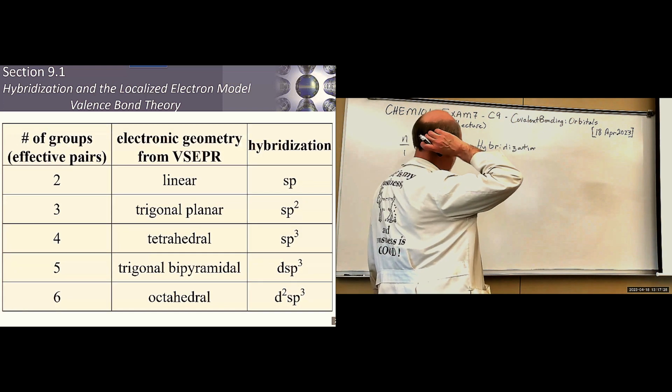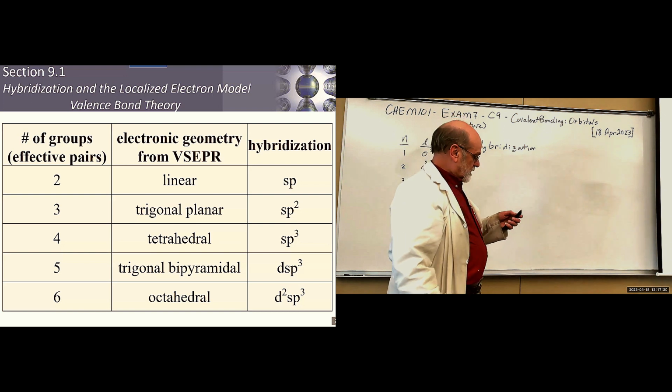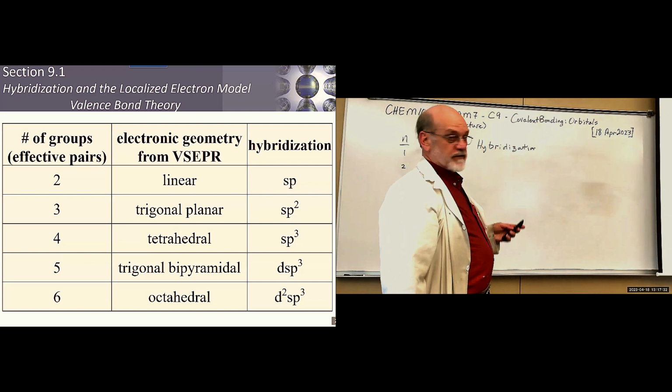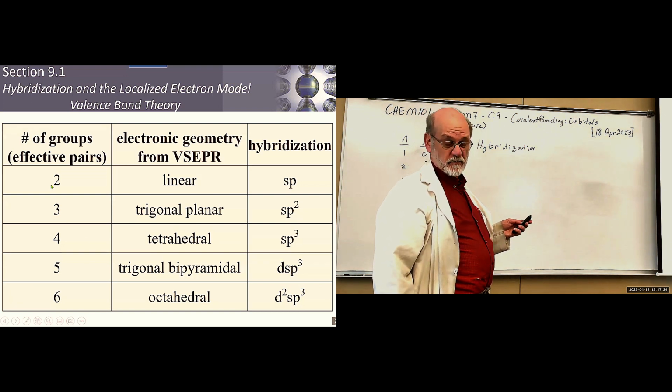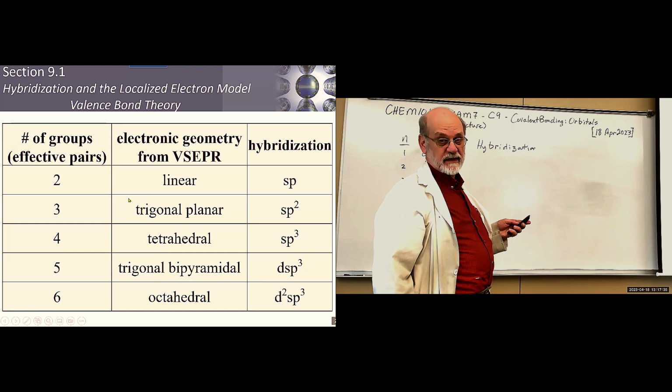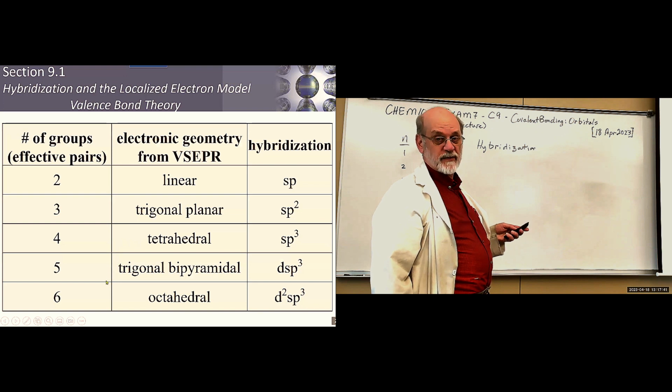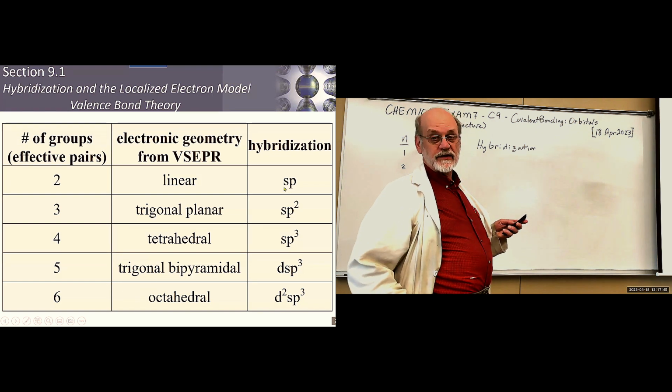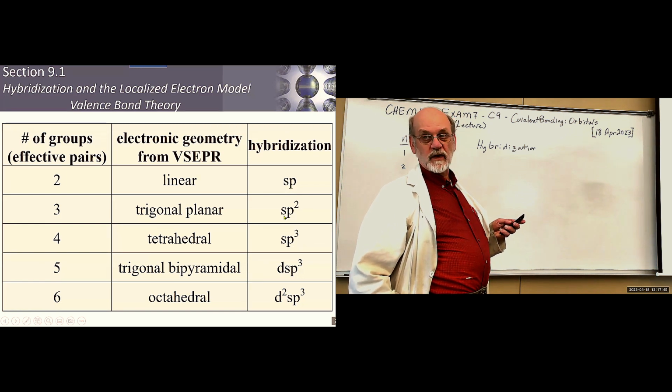Okay, there's my table. So this is an extension of our VSEPR discussion. When you have 2 effective pairs, you get linear, 3 is trigonal planar, then tetrahedral, trigonal bipyramid, and octahedral. And then you can just go over here and say, all right, you only need 2, so I need 1 S and 1 P. Here I need 1 S and 2 Ps.